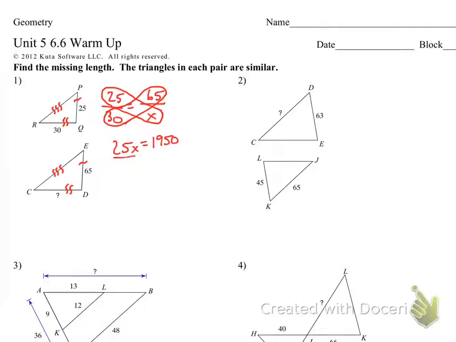All right. Let's get x. And what is that going to be? All right. So we can come up with our final value for our missing value. What is it? 78.